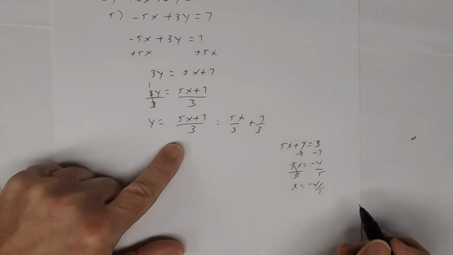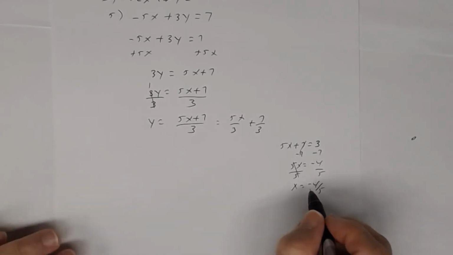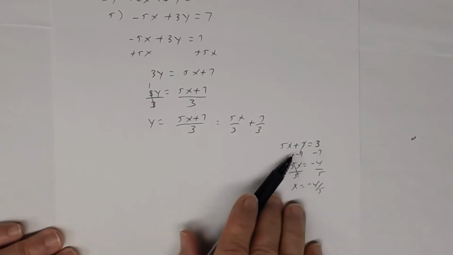Okay, and so when you look at this, you have a fraction for x. So it makes things a little bit more difficult for you, because then you have to deal with fractions. So then you try something else.